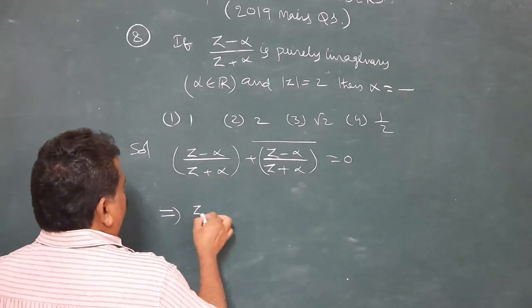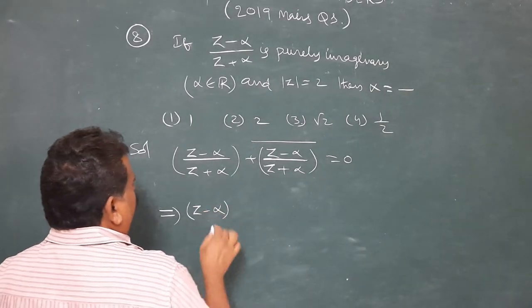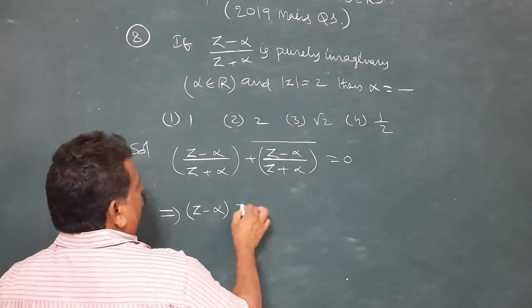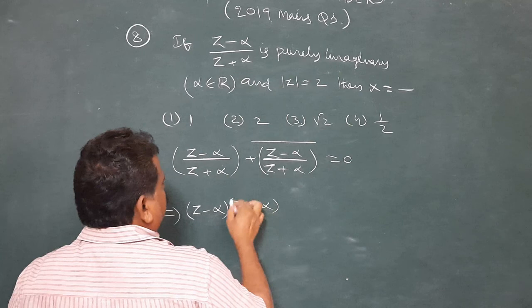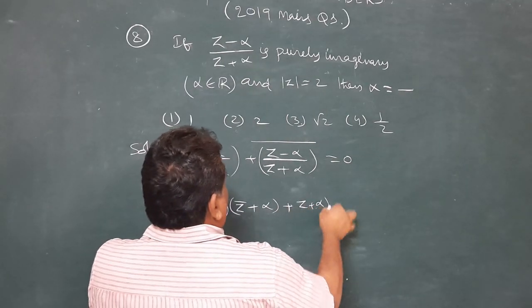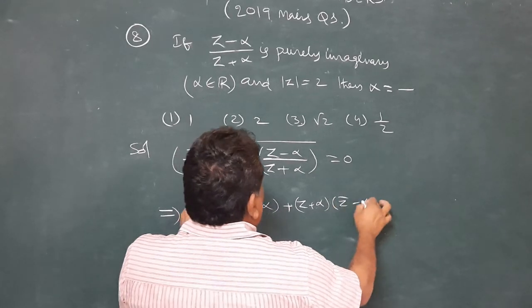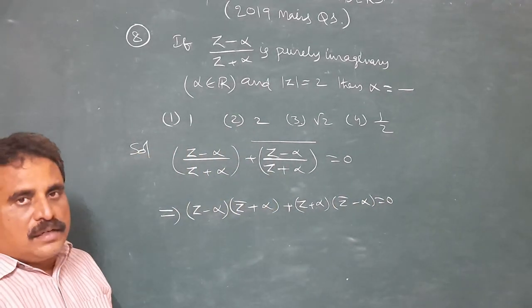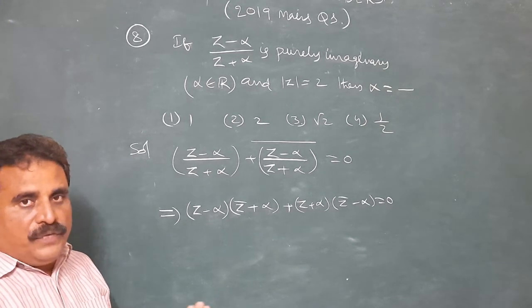So here, taking LCM, (z minus alpha) into (z bar plus alpha) plus (z plus alpha) into (z bar minus alpha) equal to 0. Try to understand that step. It is very simple, not difficult.